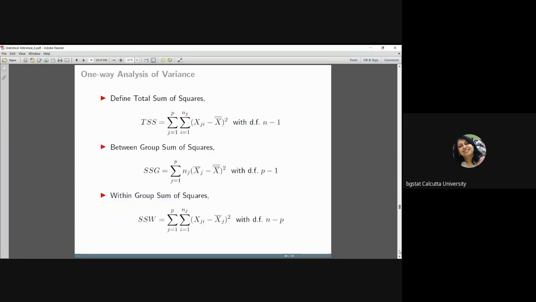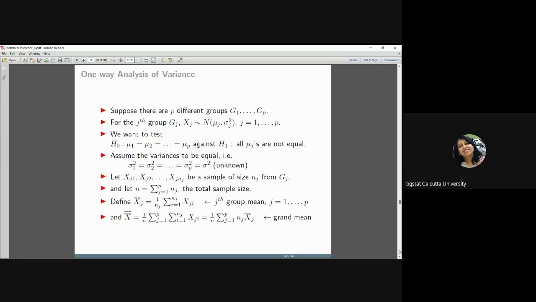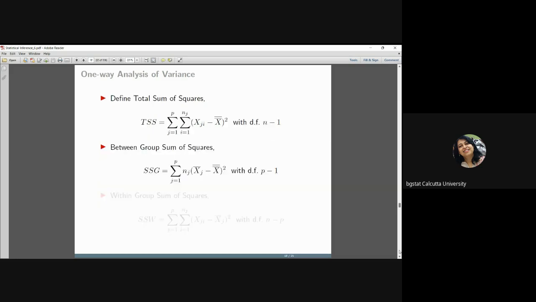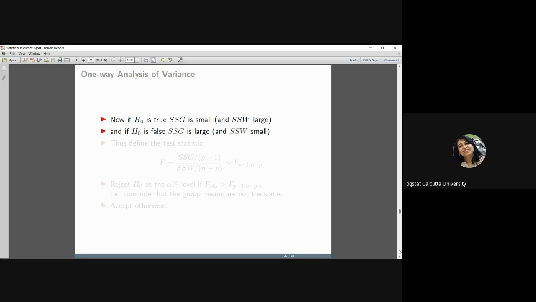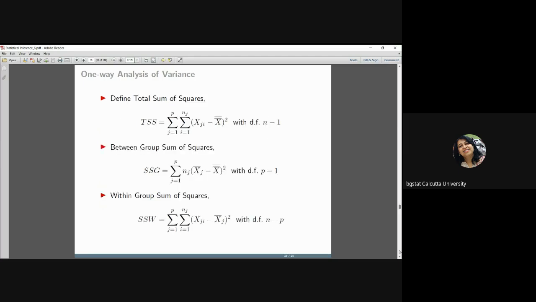Now suppose H naught is true. If H naught is true, what was H naught again? H naught said that all the groups have the same mean. So if H naught is true, it follows that SSG must be small. So why is that? Because SSG is the difference of each state mean from the pooled mean.